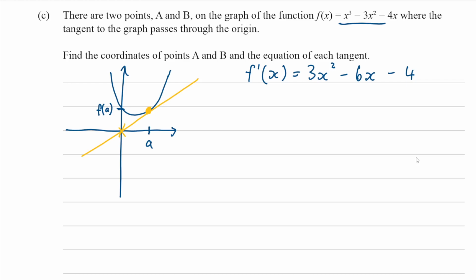However, the gradient of the tangent is also rise over run, where the rise is 0 to f of a, and the run is 0 to a. So that gradient is rise over run.